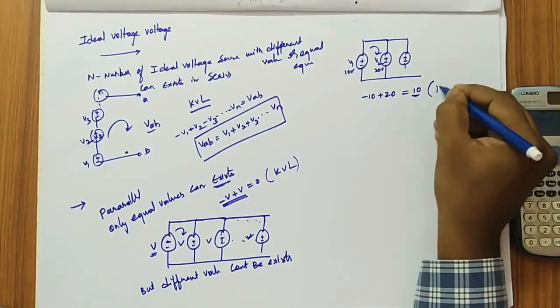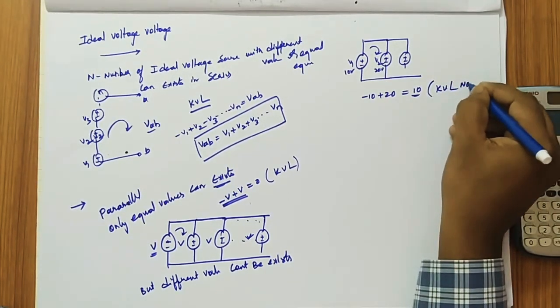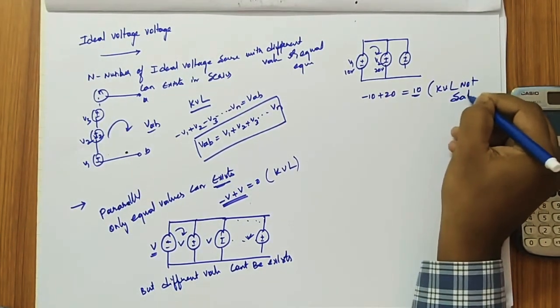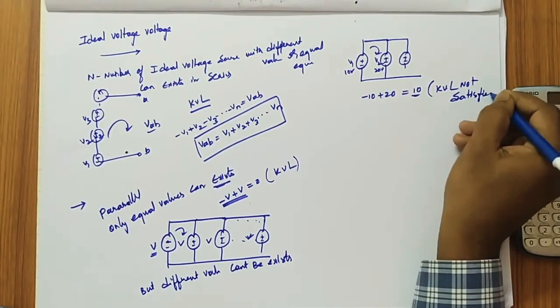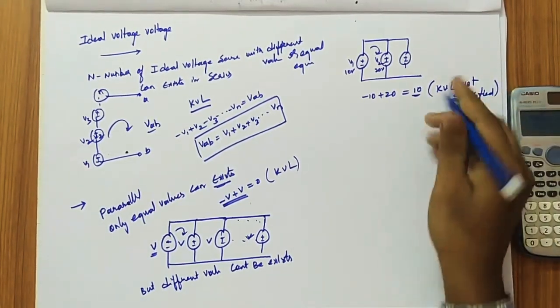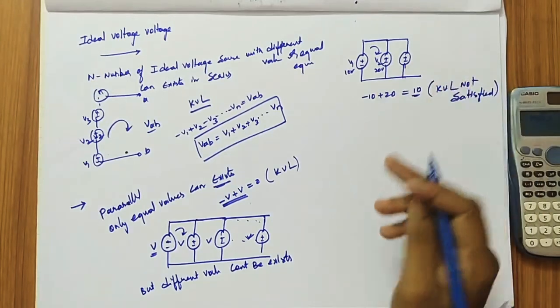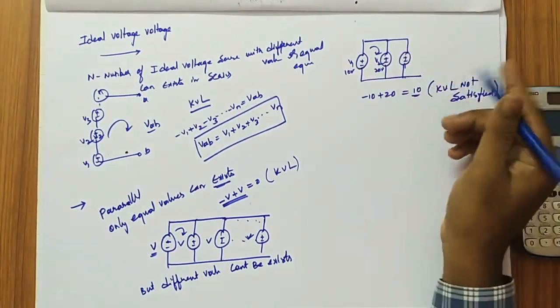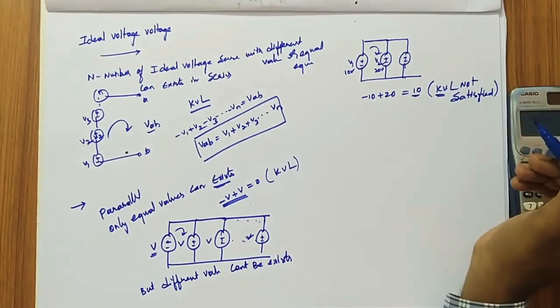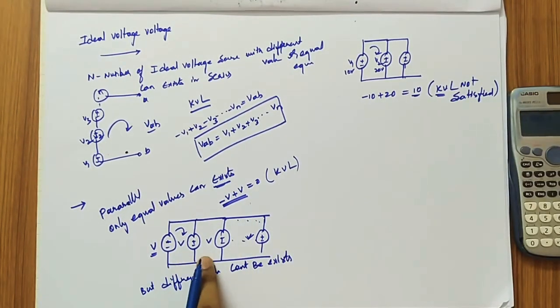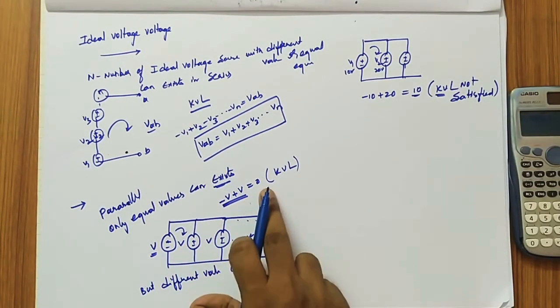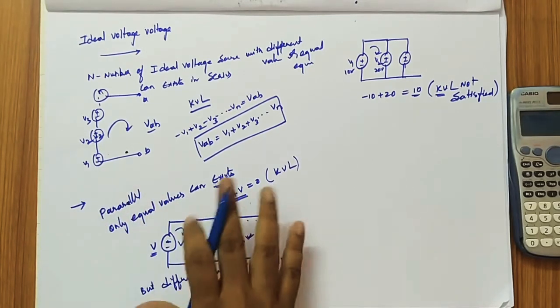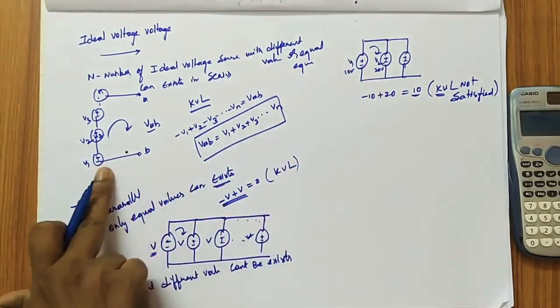That means KVL is not satisfied. So this is the theory behind why different values of voltage sources connected in parallel cannot exist, because it doesn't satisfy KVL. With equal values it can satisfy, because you get 0. This is about the parallel combination and this is about the series combination.